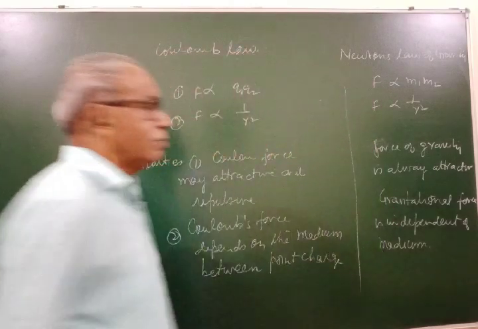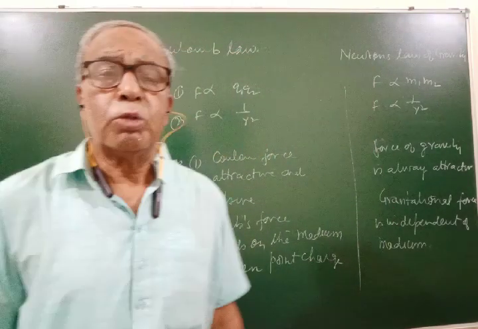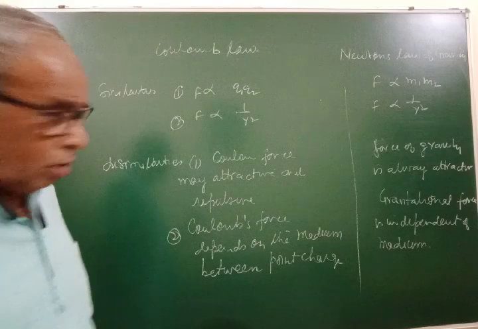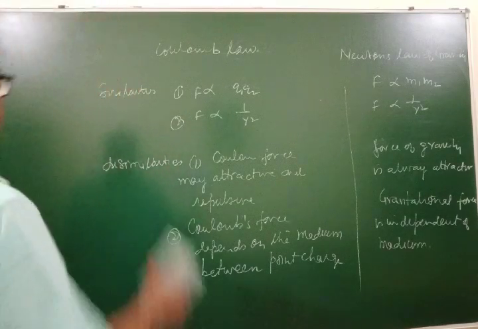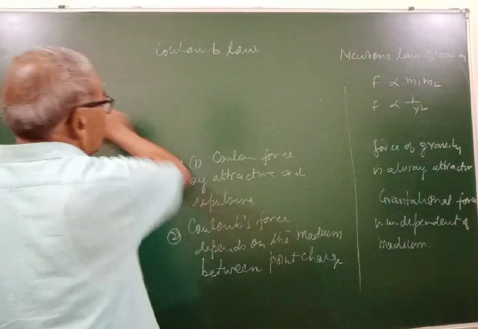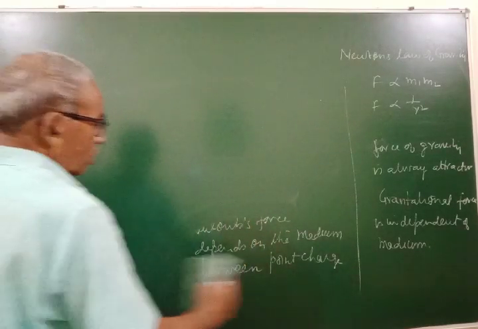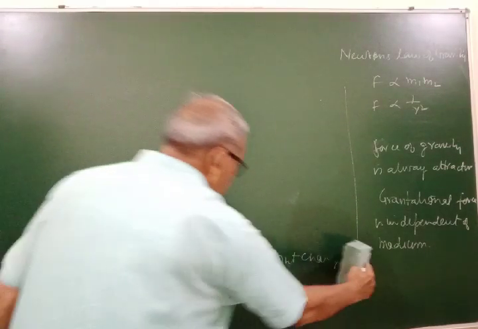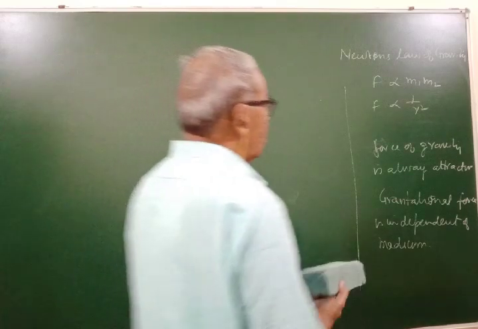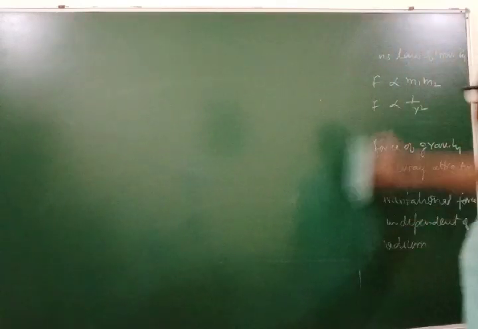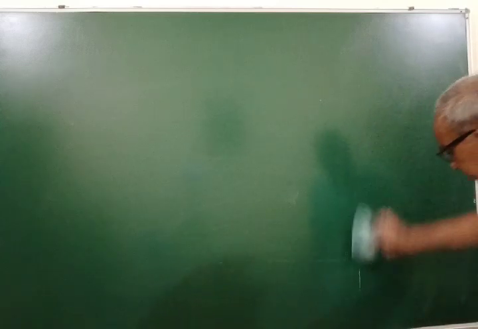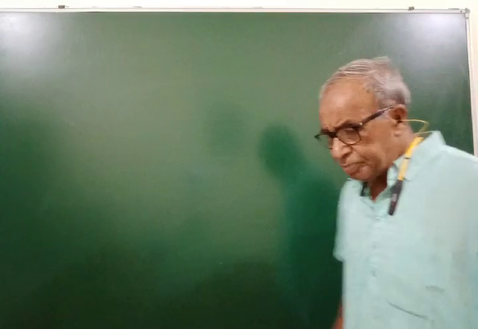Write two similarities, two dissimilarities between the two forces. They may ask in the name of electrostatic force and gravitational force. So this was about Coulomb's law and Newton's law of gravitation, similarity, dissimilarity.